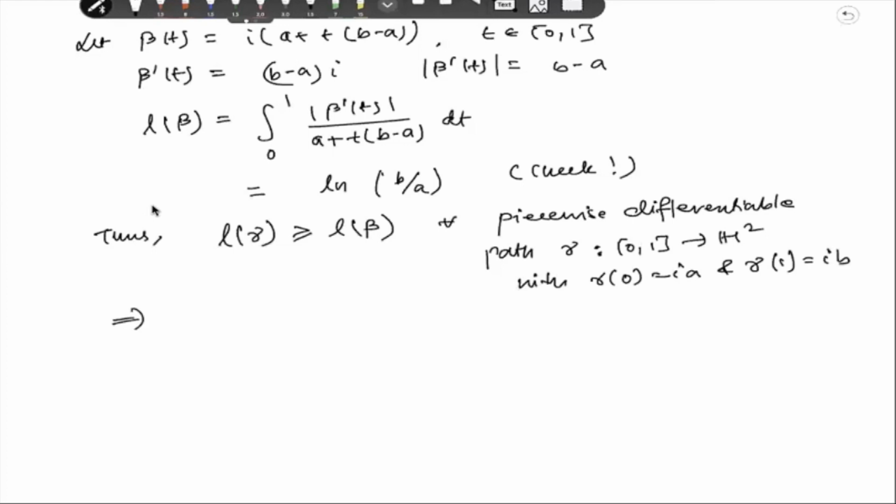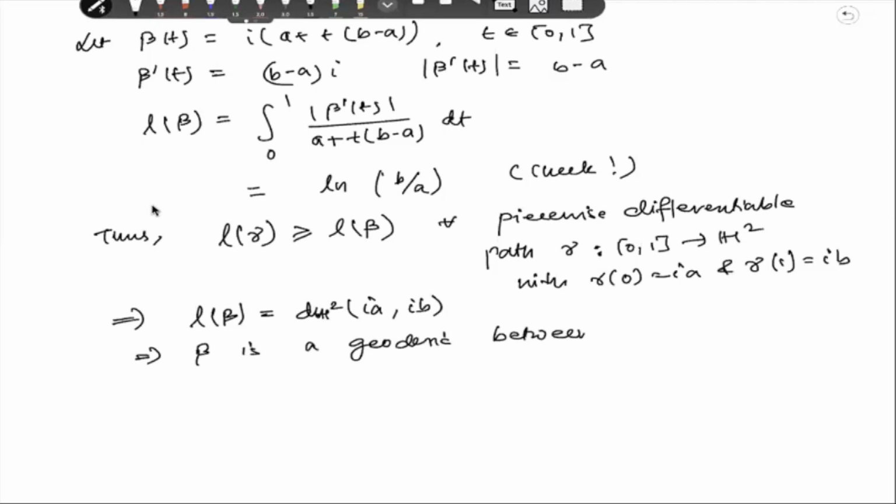So this will imply that the length of beta is equal to the hyperbolic distance between iA and iB. So this implies that beta is a geodesic between iA and iB.